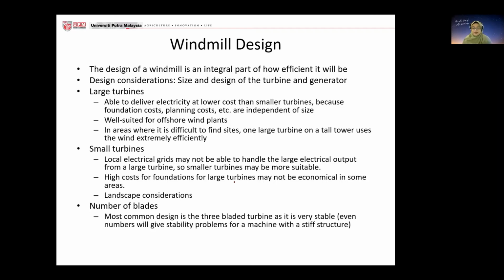And apart from the size, you also need to look at the number of blades. The most common design is actually the three-bladed turbine, and this has its own reason because it's very stable. But interestingly, if you have even numbers, there will be some stability problems.